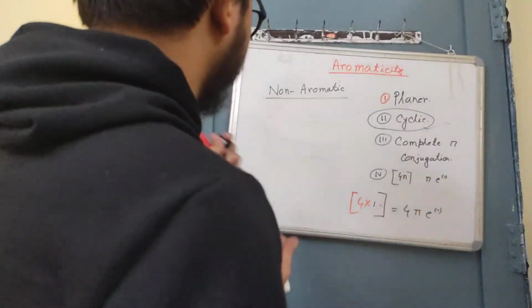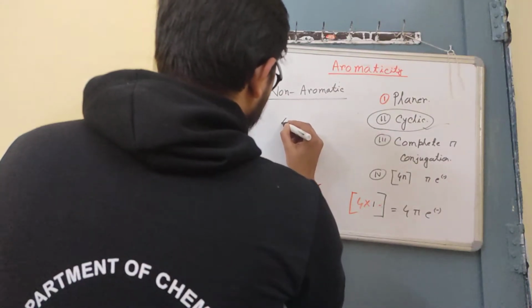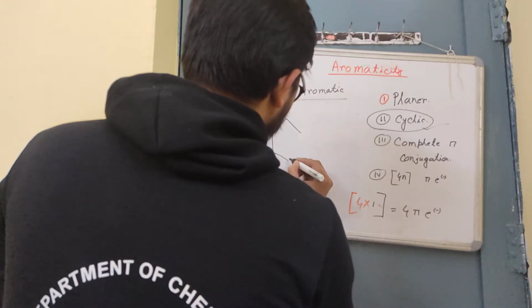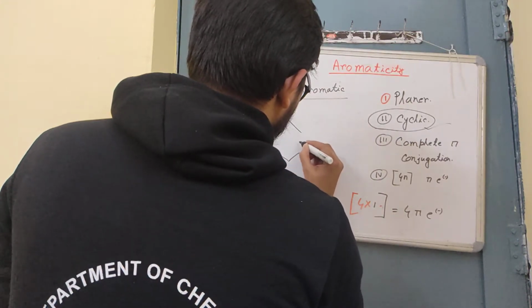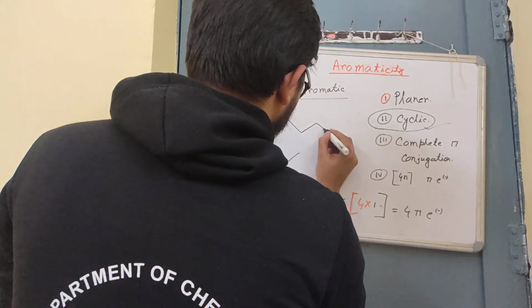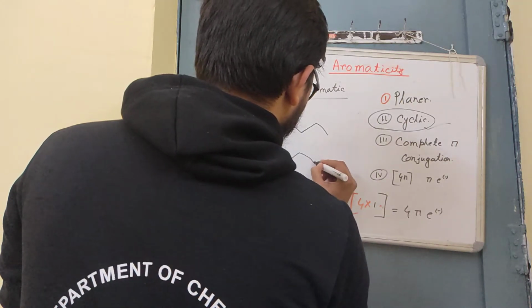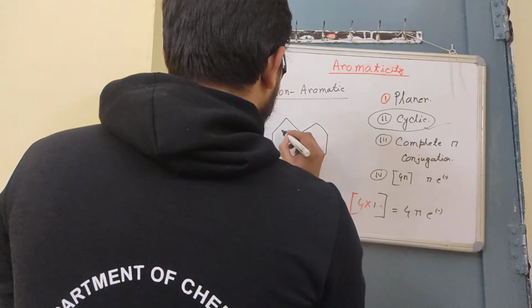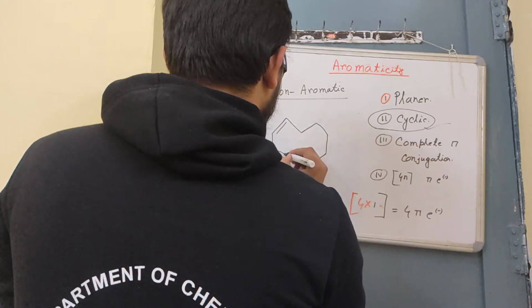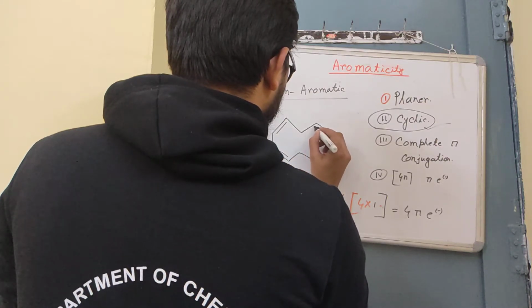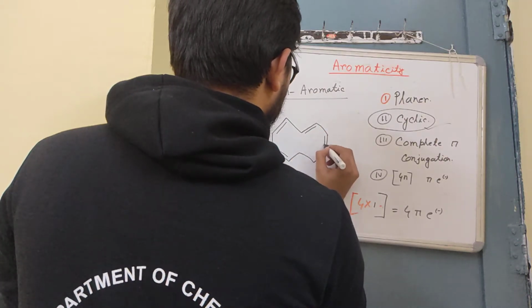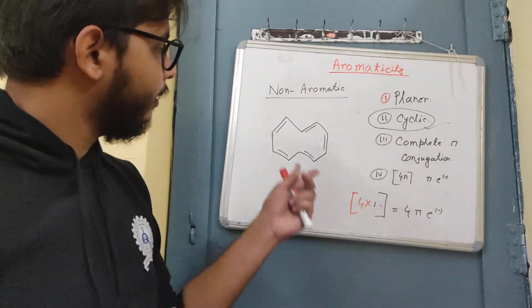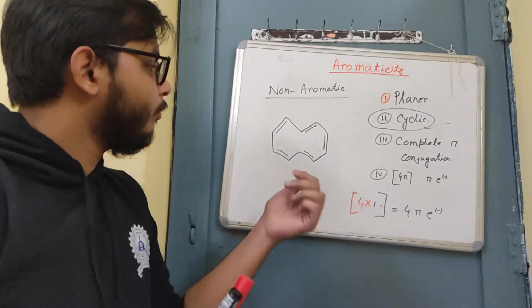Take an example. Look at this molecule. You can say that this molecule is aromatic.